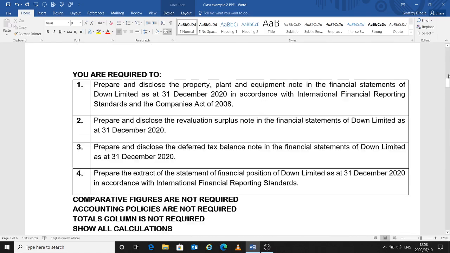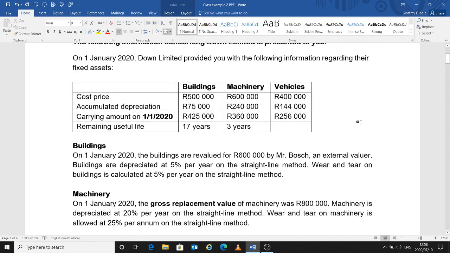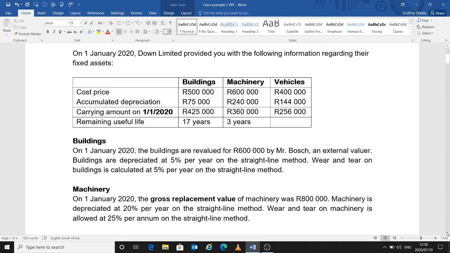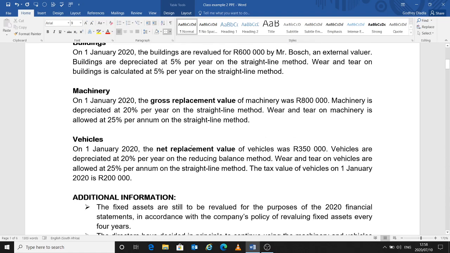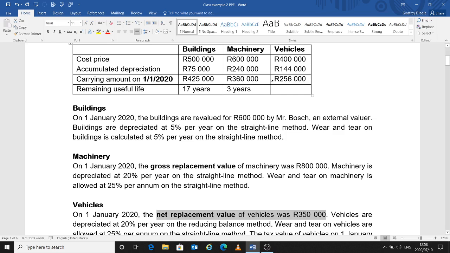Then we look at the motor vehicle. The motor vehicle, the figures given to us are still the same, except that what we've done, we've changed the net replacement amount. Now remember, net replacement, it means you take the 350, you compare it to this one, the 256, right?